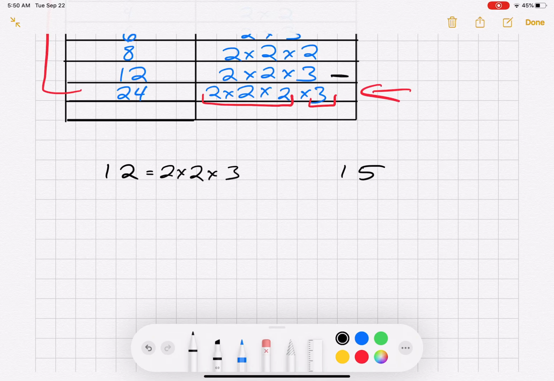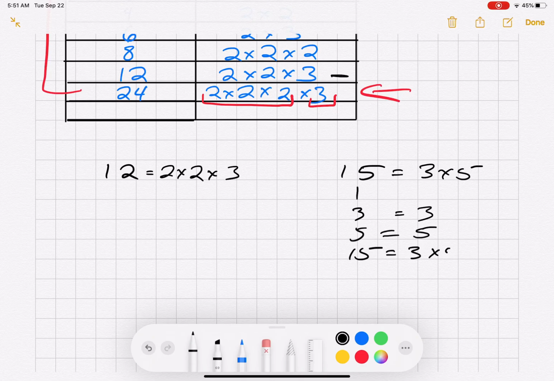We have it up here, easy to find. And 15 is 3 times 5, right? So now let's look. I have 1, 3, 5, 15. This would be 3, this would be 5. The prime factorization here is 3 and 5. And notice we only have one 3 and one 5.